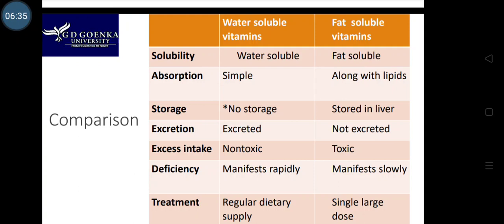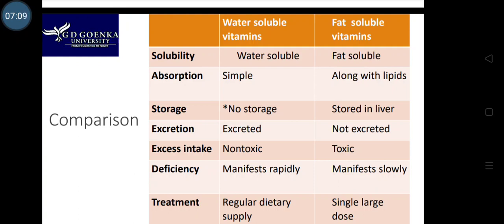Deficiency of water soluble vitamins: the manifestation is very rapid, and we can easily see the signs and symptoms of deficiency of water soluble vitamins. And for fat soluble vitamins the manifestations are very slow, because they're stored in the human body, and if you do not take them for 1 week, 2 weeks, 3 weeks, the deficiency manifestations will not be seen or may be seen very slowly.